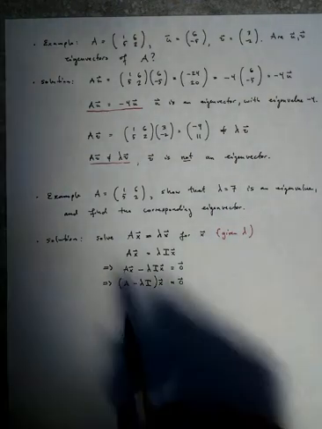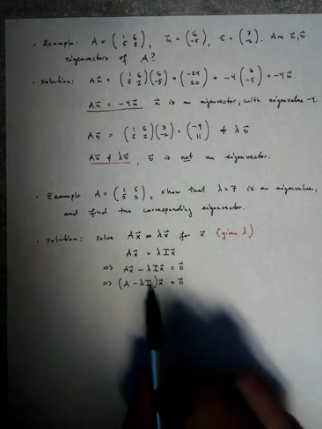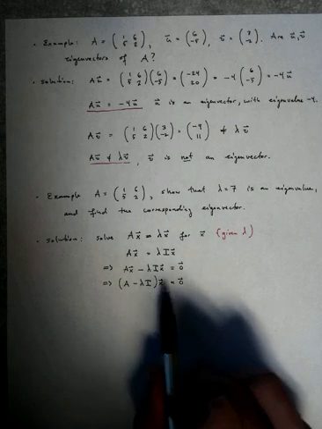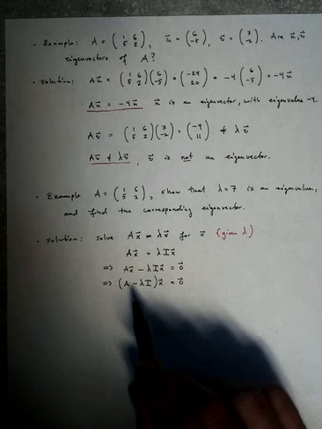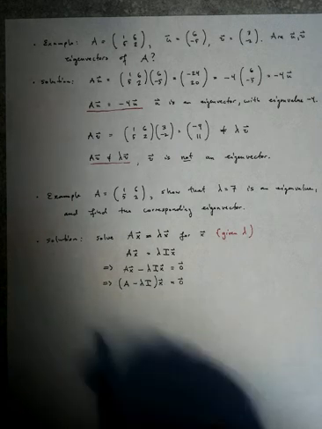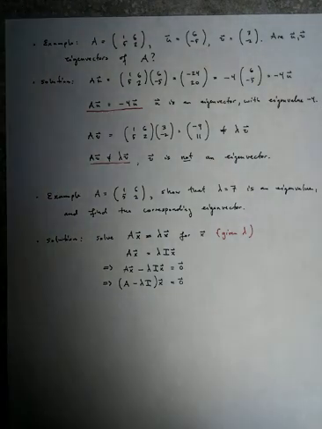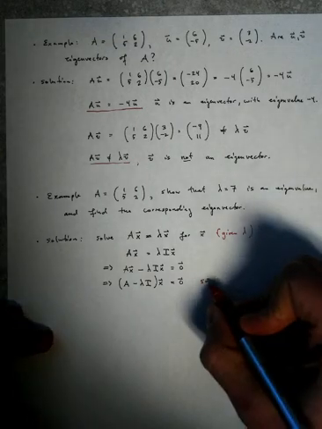Look at this. On the left side is a matrix. It's kind of a weird matrix, but it's a matrix, times x equals 0. And we've had a lot of practice over the course solving equations of a matrix times a vector equals 0. So this is the equation I'm trying to solve.